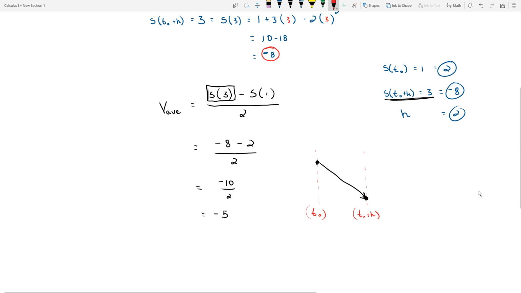And because it's negative, that means that it's traveling, we could say, we're not told that it's feet per second, but we could say that it's traveling at a velocity of -5 whatever feet per second. And now that we have that, of course, we could in turn create an equation of that line, of that trajectory as well. So in this case, we just found the average velocity.